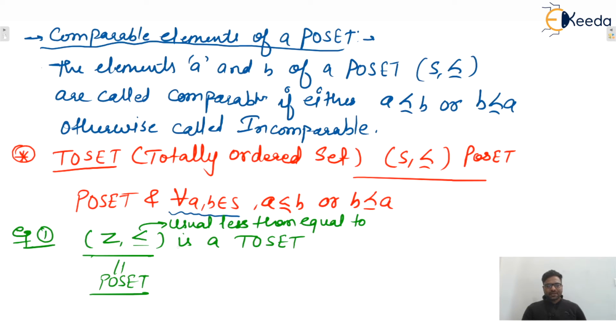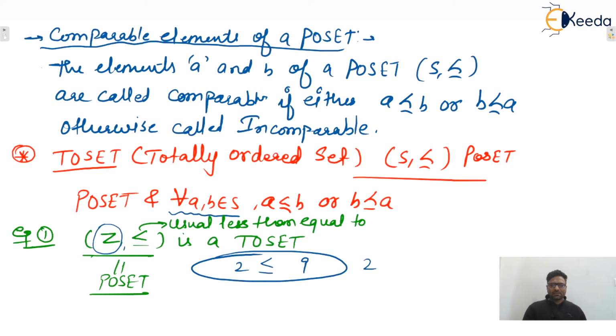And every pair of elements is comparable. Here Z is the set of integers, so you can take any two integers, let's say 2 and 9. 2 is less than or equal to 9, so 2 is related with 9, so the pair 2, 9 belongs to the relation R.